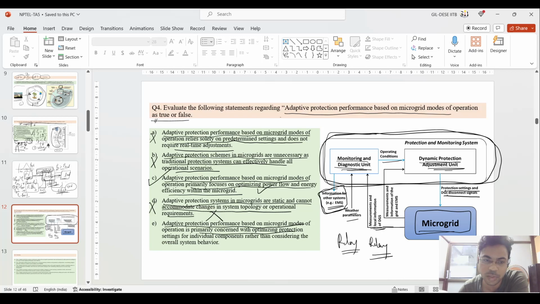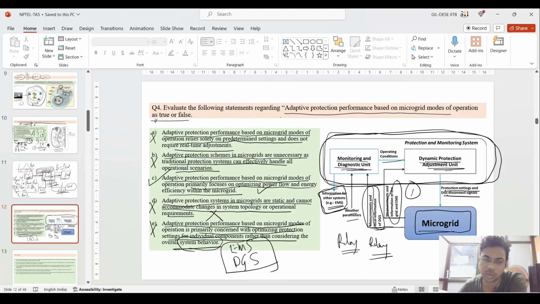Coming to the E part, that adaptive protection performance based on microgrid modes of operation is primarily concerned with optimizing protection settings for individual components rather than considering overall system behavior. That is also false. False in what sense? It takes the system behavior, because if you see the measurement of the information of the grid and energy management system, plus the measurement of local information of the distributed generation systems also.